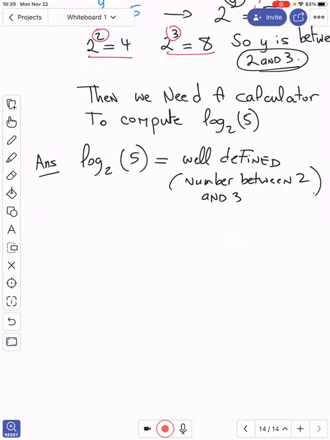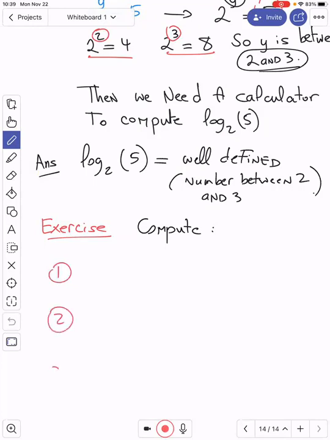All right, so let's practice a little bit. Exercise: please try to compute the following. Number 1, 2, and 3.